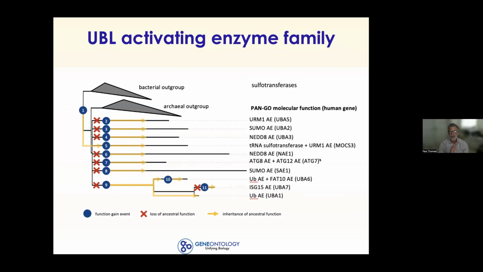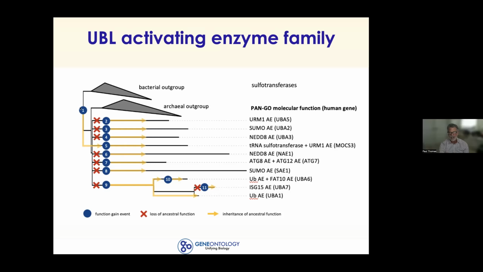So an example of this, just so you can get an idea of why this is important: here's a great example that we've mapped out the evolutionary model for. This is the ubiquitin-like activating enzyme family. Ubiquitin-like molecules comprise things like ubiquitin, SUMO, ATG8. When you reconstruct the evolution of this family, it's a really interesting story.